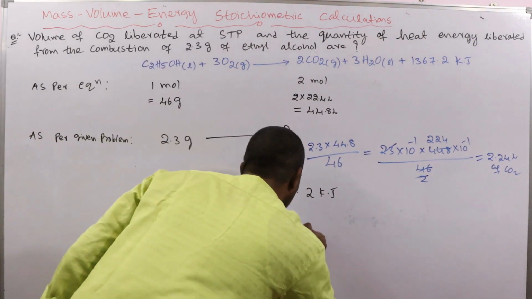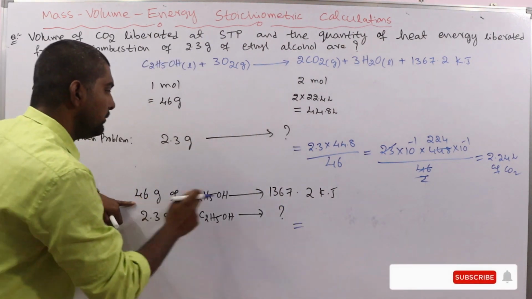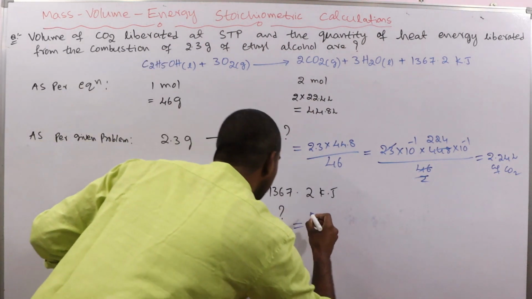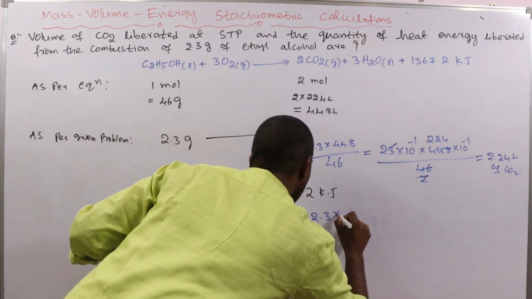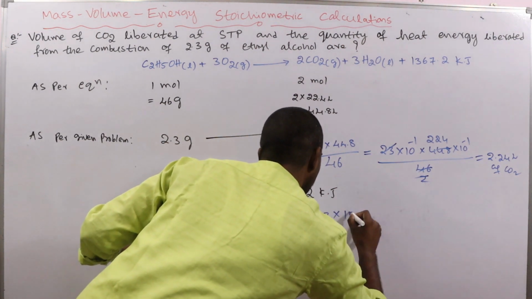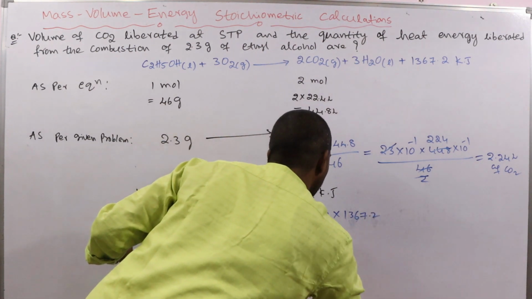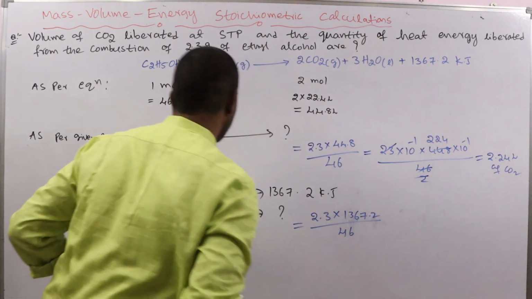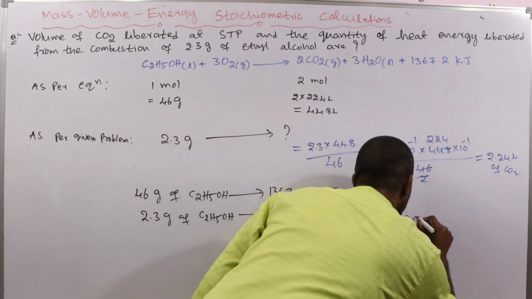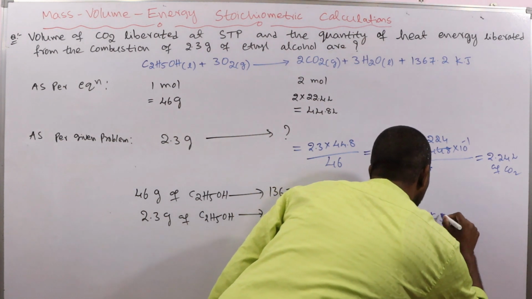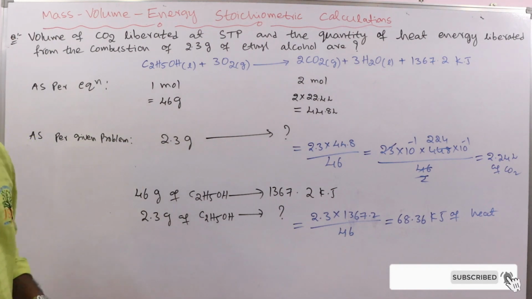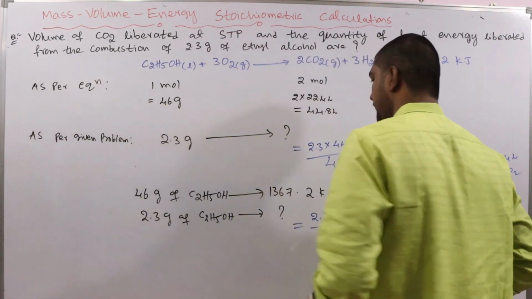For 46 grams, this much heat is liberated; for 2.3 grams, how much heat? Again same: 2.3 into 1367.2 by 46. After simplification, we get 68.36 kilojoule of heat liberated.